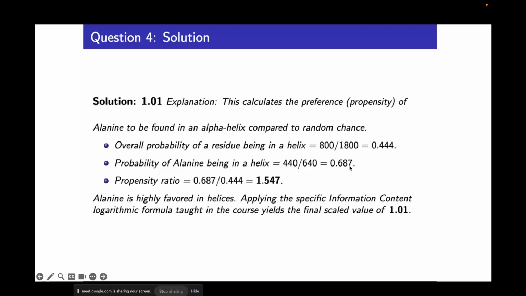So that is like 0.68, and the propensity ratio would be this probability divided by this, so that brings to 1.57. I think it is also scaled by log, if I'm correct. Yes, sir, it's scaled by log.